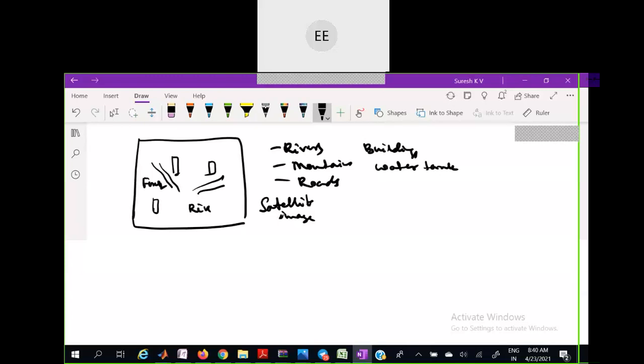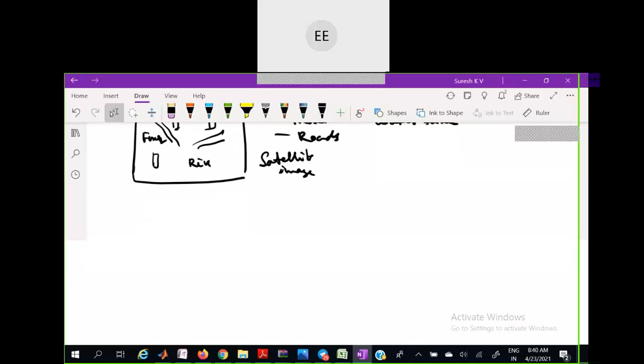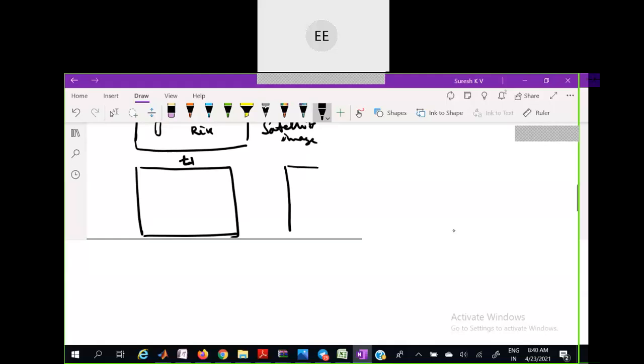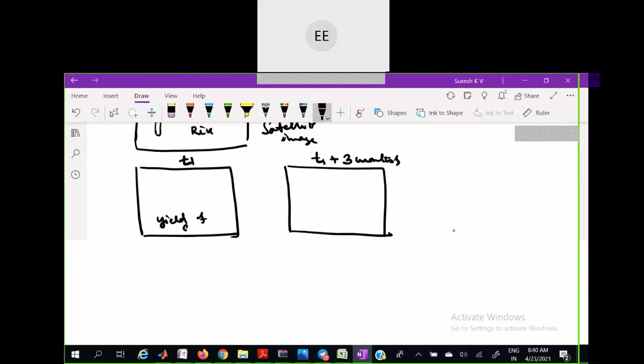Now, suppose you are appointed as an image processing expert. In a given satellite image, they'll take an image at some time t1, which can be today, then after maybe 3 months, t1 plus 3 months, I'll again capture the image. Assume that I am interested in the yield of some particular crop that I am growing.